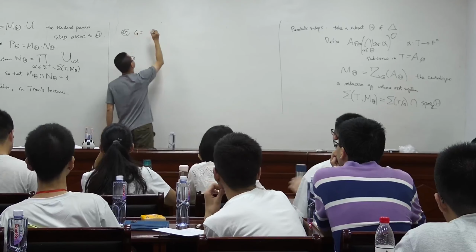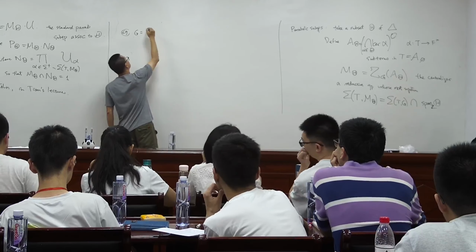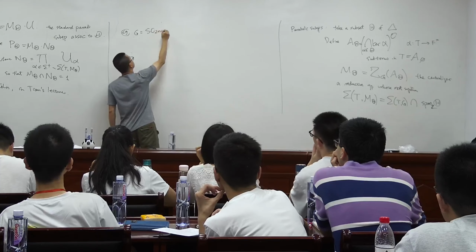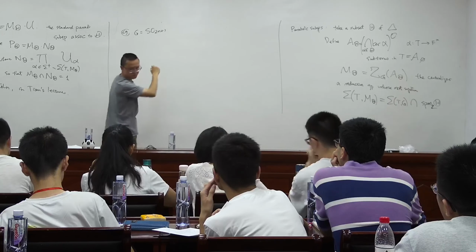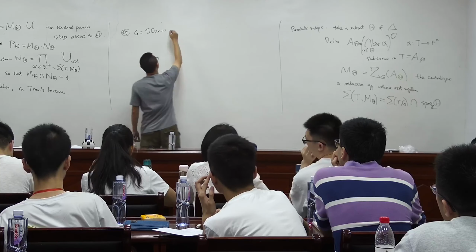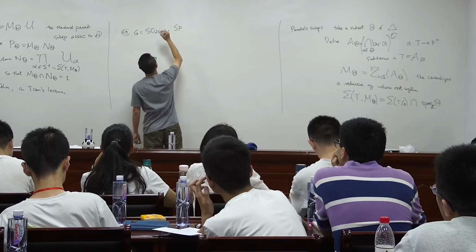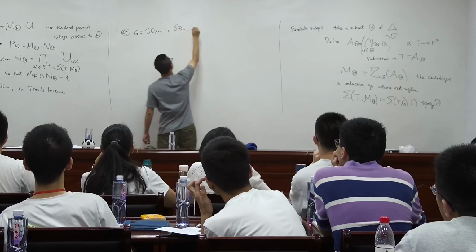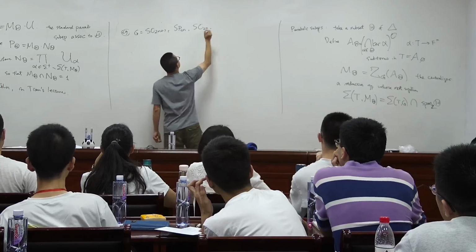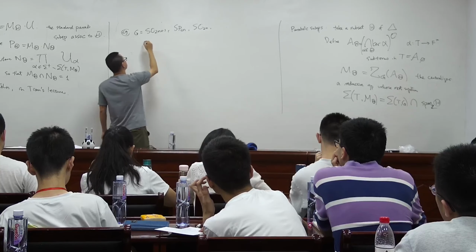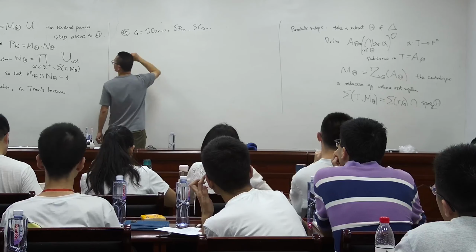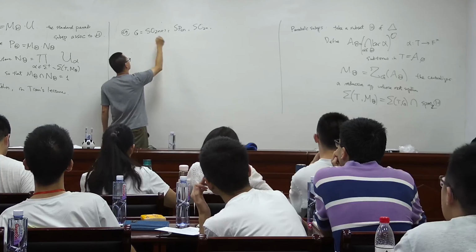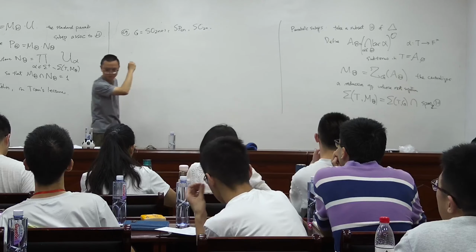If G is a special orthogonal group, well, actually it is also true for symplectic group and even orthogonal group, I complete the list. Then again, P is a block upper triangular subgroup. Perhaps I write it in this way.